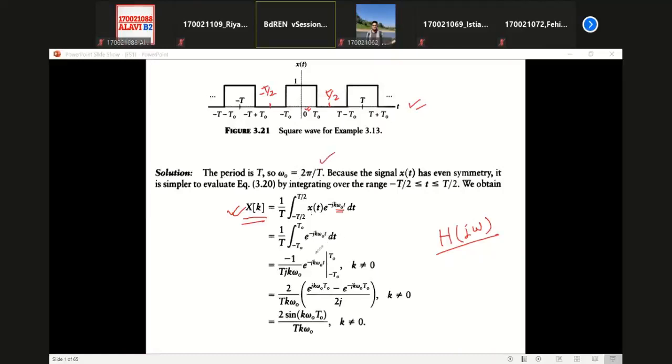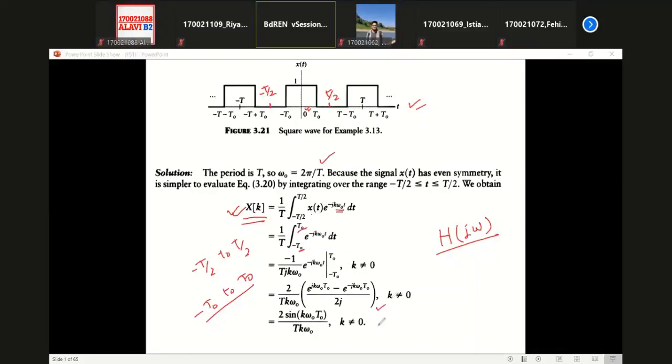Then we can easily integrate it, because within the range from minus T by 2 to T by 2, your signal exists from minus T0 to T0. So effectively your integration will be from minus T0 to T0, over which your signal exists over one period. Then this integration can be put into this shape.